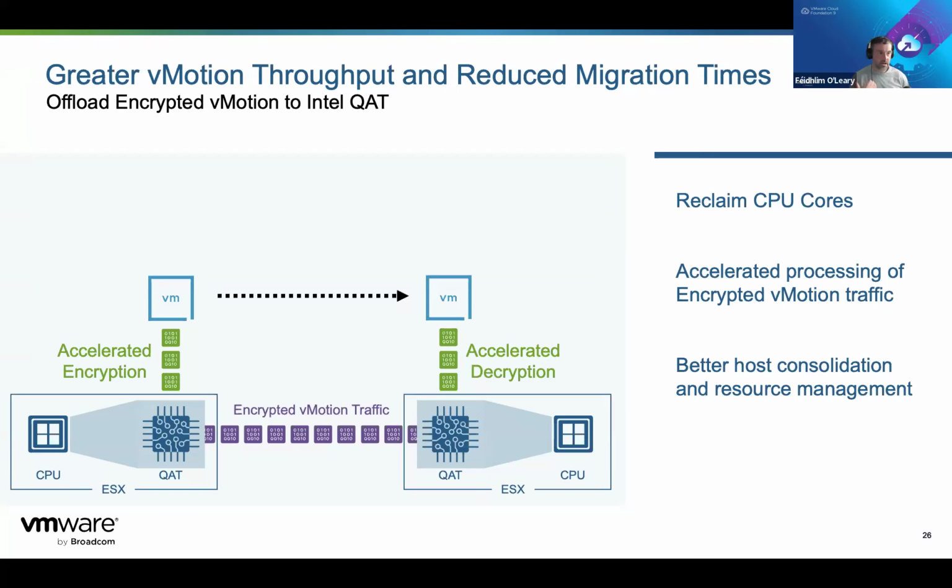But with the offloading to hardware, it would be beneficial to set it to require encrypted vMotion. So if you've got the CPUs that can support offloading the encrypted vMotion, then I would recommend using encrypted vMotion. You're not going to see a performance impact then.